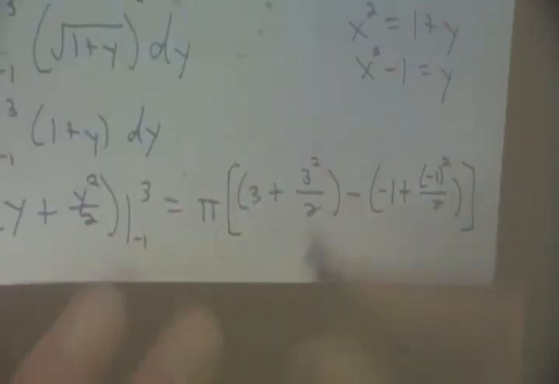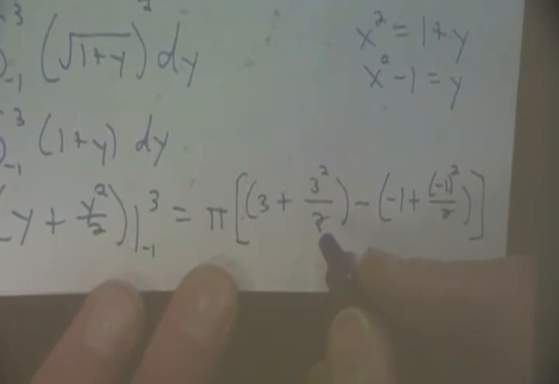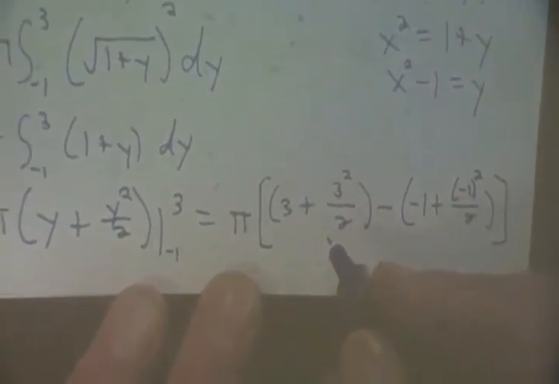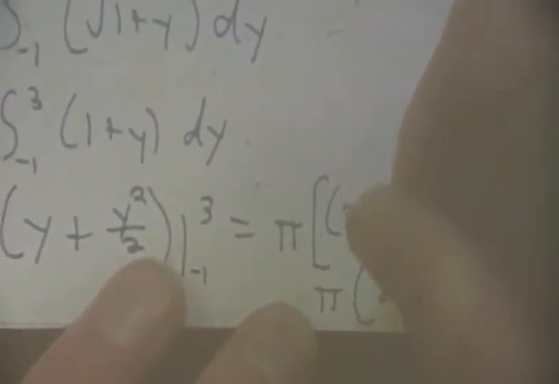So antiderivative at the upper limit minus antiderivative at the lower limit. Okay, 3 squared is 9, that's 9 over 2. And I have pi times 3 plus 9 over 2.